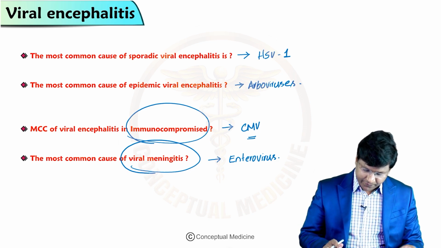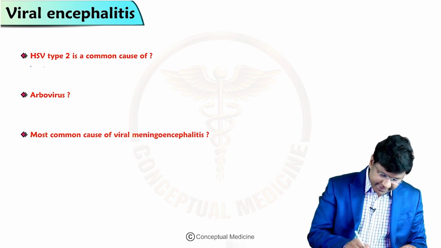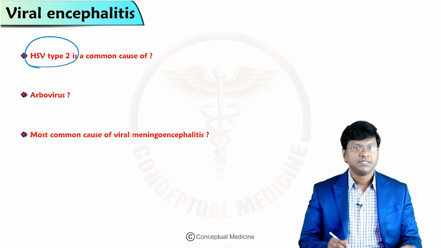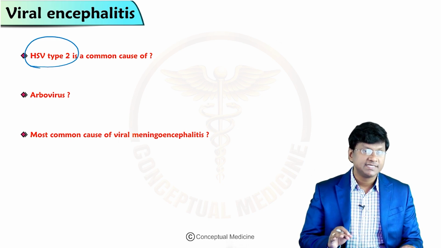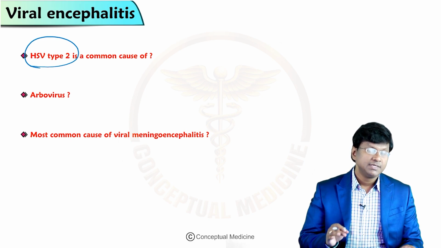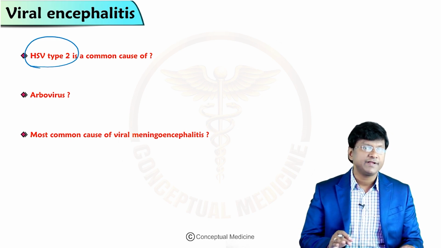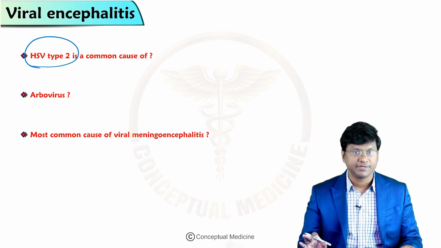And if you take HSV type 2, that is herpes simplex virus type 2, it is the one which will cause aseptic meningitis. However, encephalitis following HSV type 2 has not been mentioned anywhere.